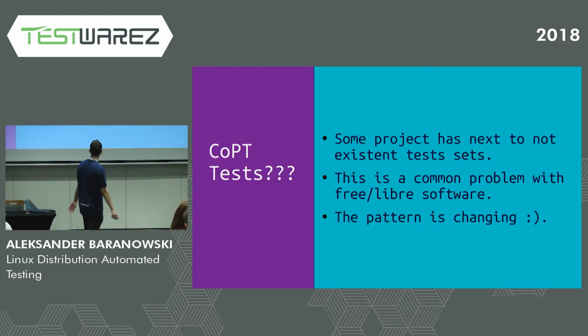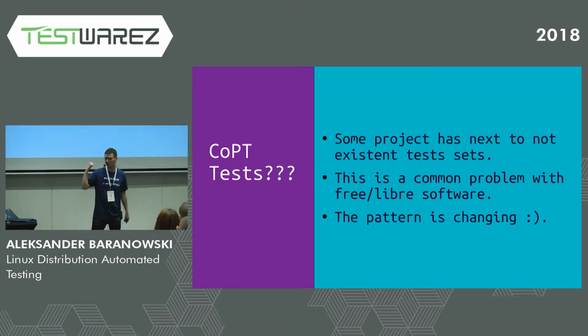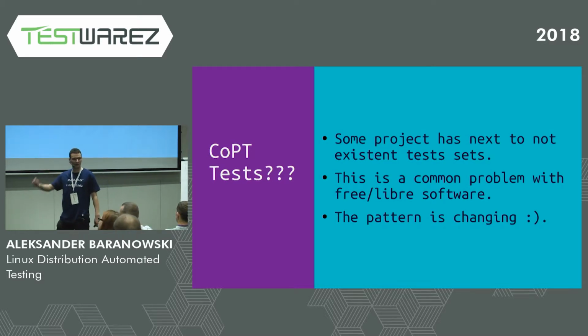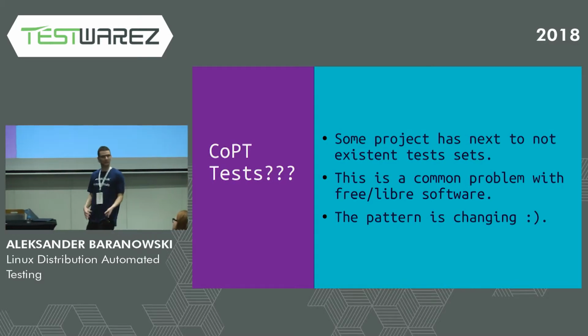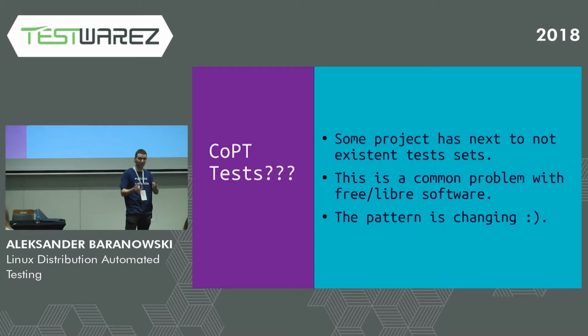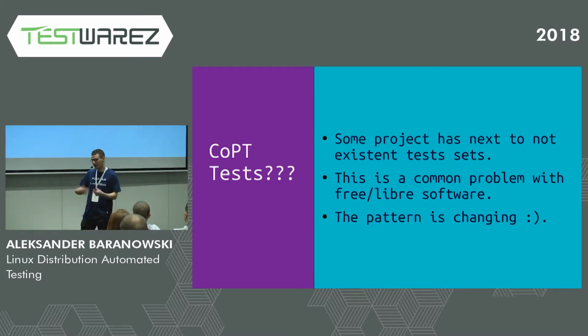Okay, the next problem. A lot of them have a really weak test set. And the newer ones, look at GitHub, for example. Nearly every bigger project on GitHub has coverage, has continuous integration, maybe continuous delivery, Travis, and so on. It's really changing. People want to join a project that has good documentation, that has everything set up.